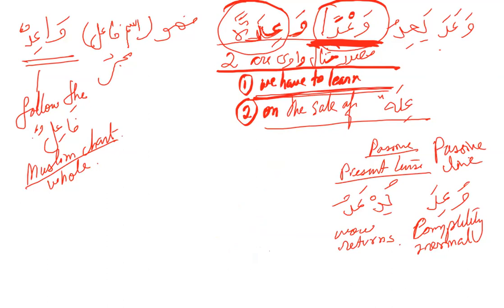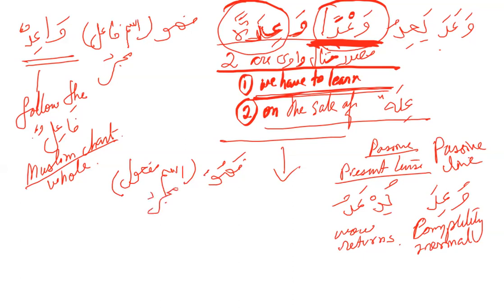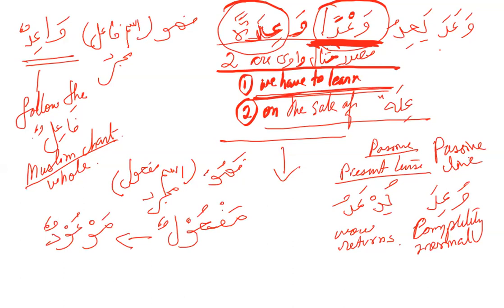The masdar remains the same, so it will be the same for the passive line. And then for huwa, now we have to do ism maf'ul. Ism maf'ul in the Mujarrad families is on the pattern of maf'ulun. So what will it be? Maw'udun, right?